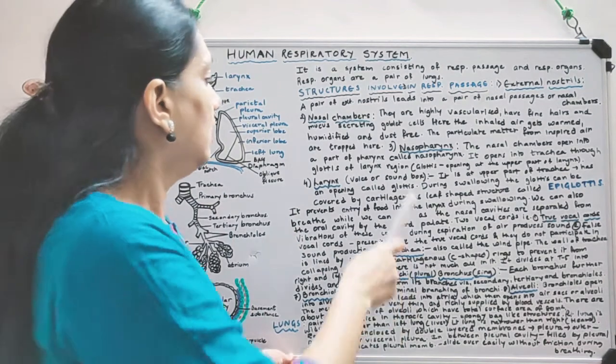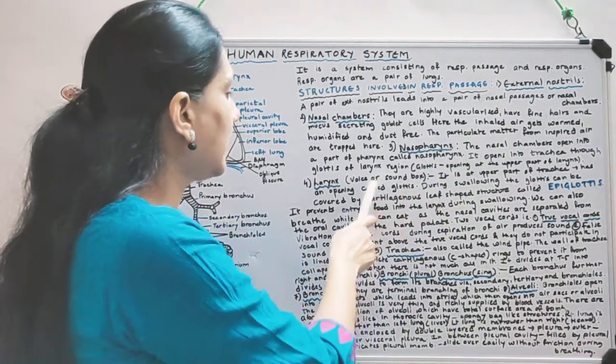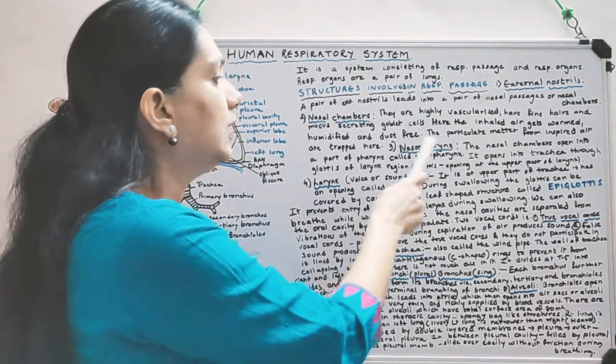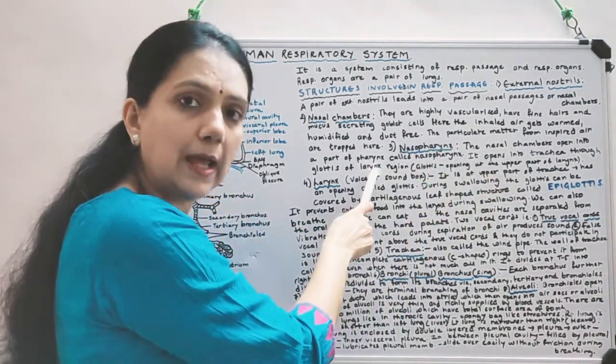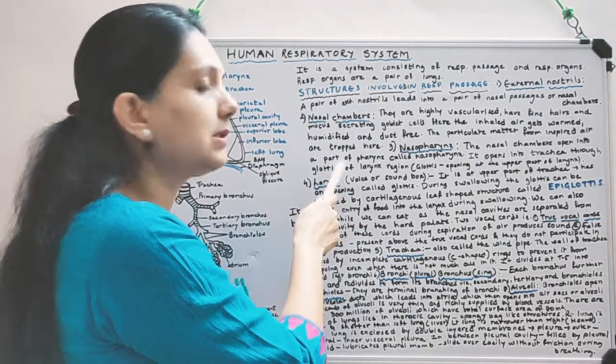So the pharynx is connected with the trachea through the larynx, and that part of the larynx is called the glottis.